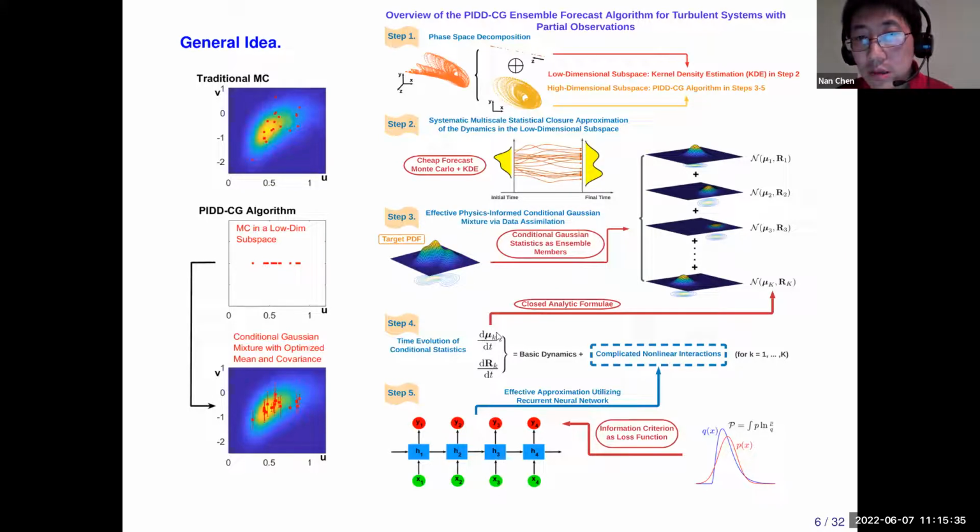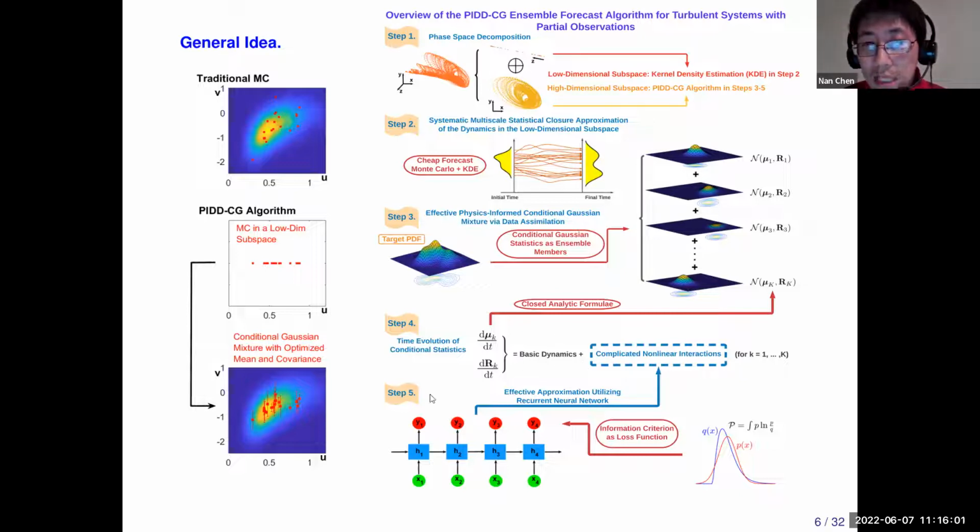So this closed analytical formula will facilitate our calculation because we no longer need the Monte Carlo simulations. I don't show the details, but everything on the right-hand side just depends on the original system, which can be written down analytically. This is a very nice feature. However, still, if the system is very complicated, the right-hand side can be complicated as well.